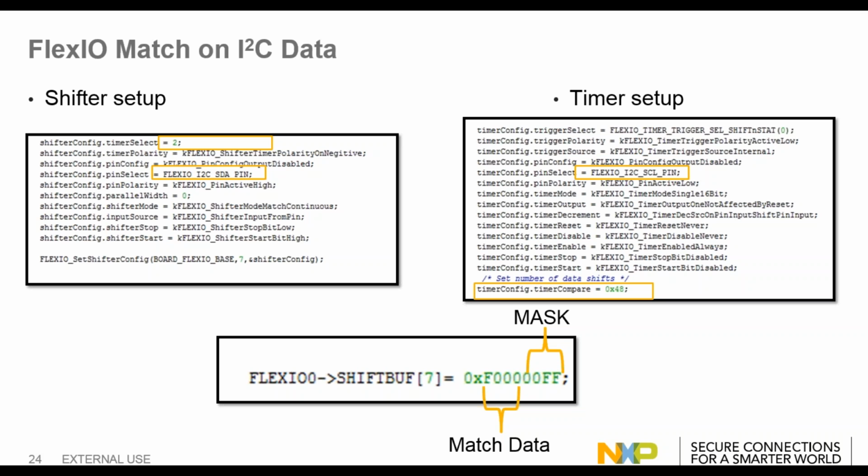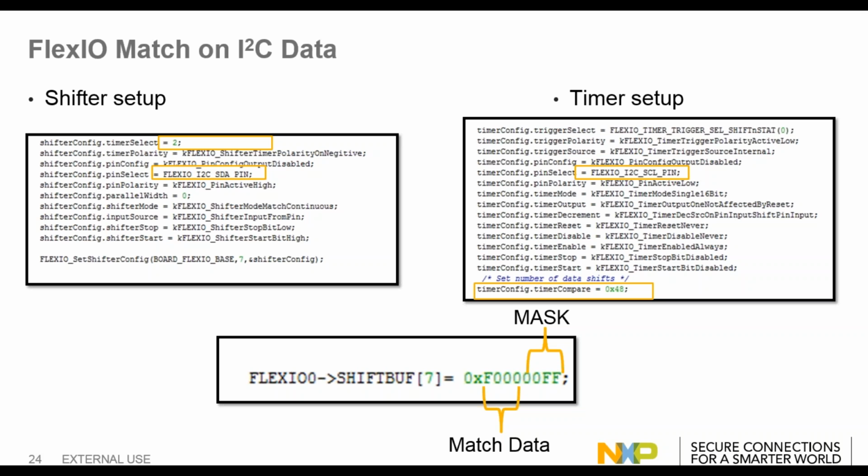How much data are we shifting in? And that is set up there. So again, we're using timers and shifters to bring in this data and we want to monitor it. And the way that is done on the FlexIO is by setting up a match data and optional mask. The interface to this sensor is such that when the pads are touched, they read as a logic 1.